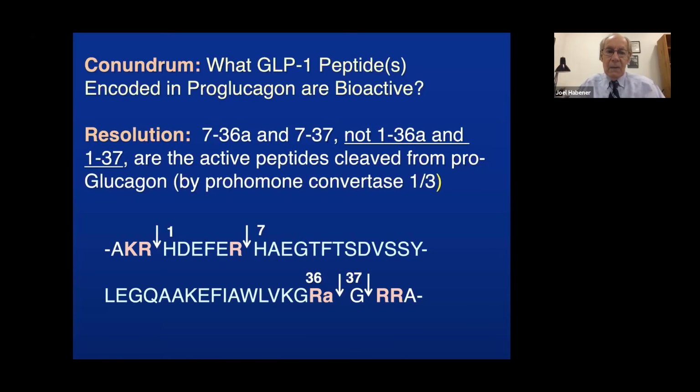So we can show that the activity requires the cleavage of the proglucagon at the single basic residue, not the double basic residue. Likewise, in studies that I won't show you, there's equivalent activity of the amidated versus the glycine extended forms at the C terminus.